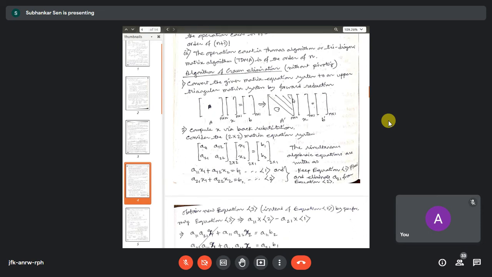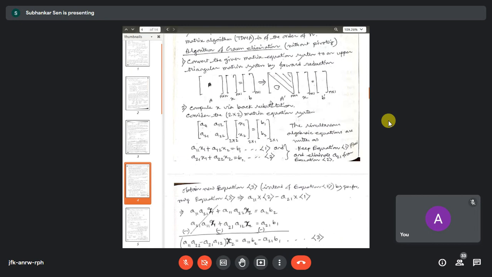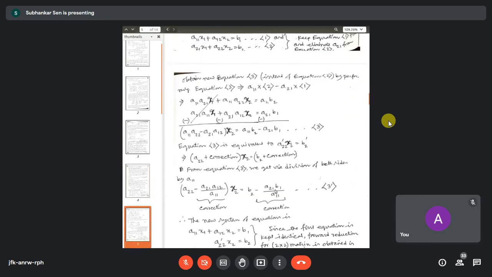The remaining terms in the matrix will be updated. So the forward reduction has an index, an integer, which will vary from 1 to 2 to 3 up to n minus 1. When you are getting this term, it means that the forward reduction index was 1.